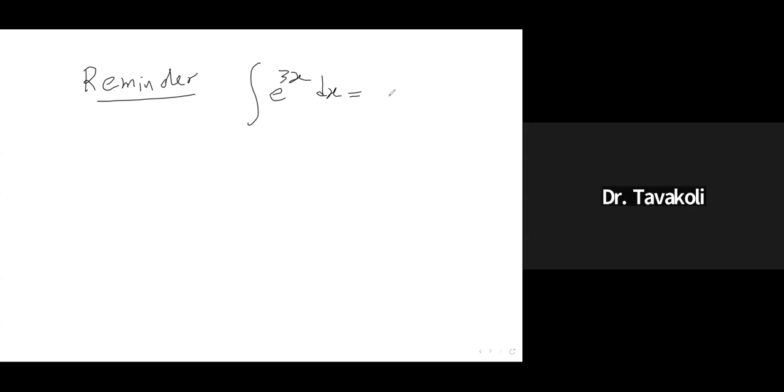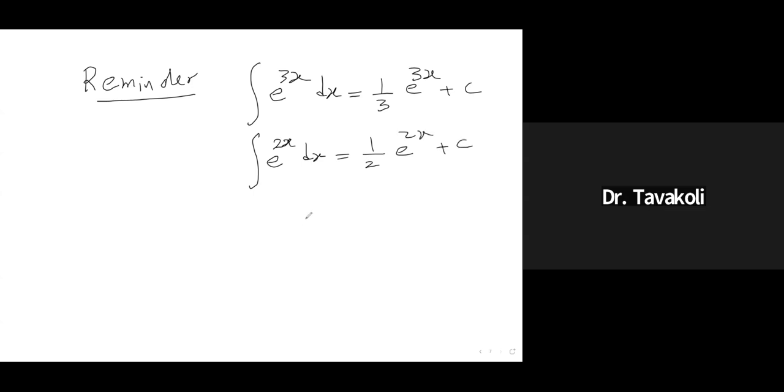It was 1/3 e to the power of 3x. If instead of that coefficient 3 in the exponent I have 2, it's going to be 1/2 e to the power of 2x plus c.